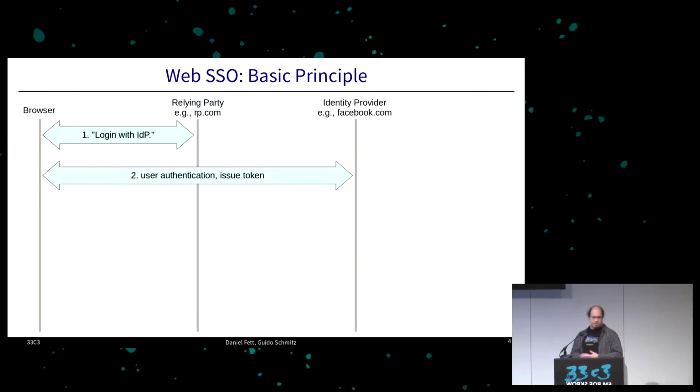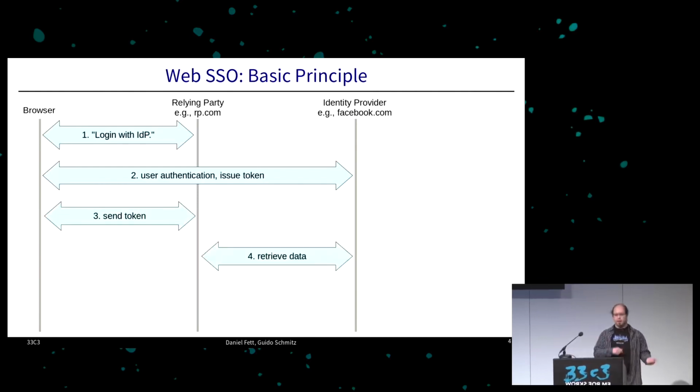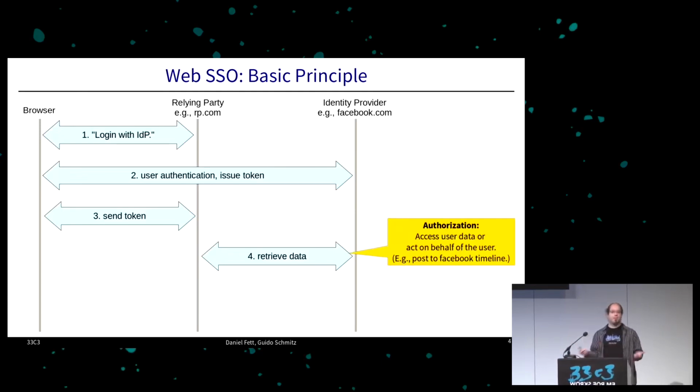Then you contact your identity provider, authenticate there. And this identity provider then issues some kind of token. And this token you give to the relying party. And the relying party can now use this token to access some parts of your account at the identity provider. And this is called authorization.